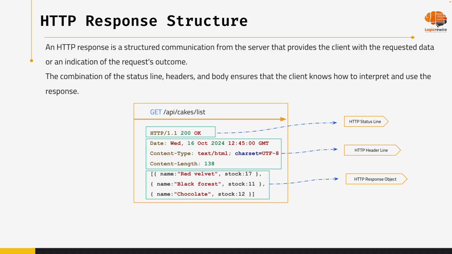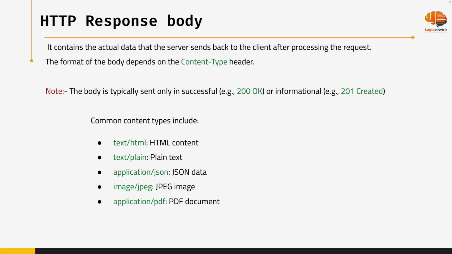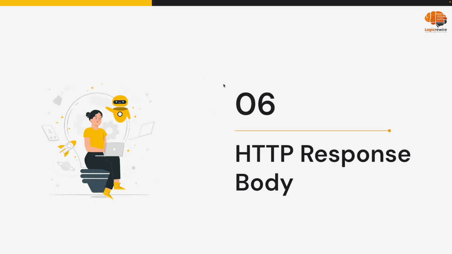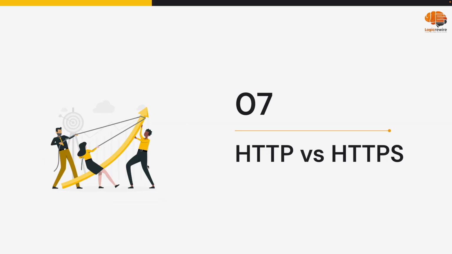So the server will give you a similar type of response. That is the response body. So the response has a status code and a body, and the data in the body is based on the type you are asking for. Understood?